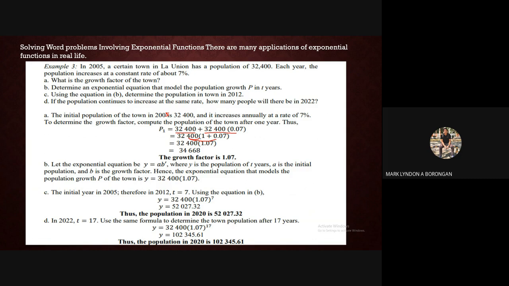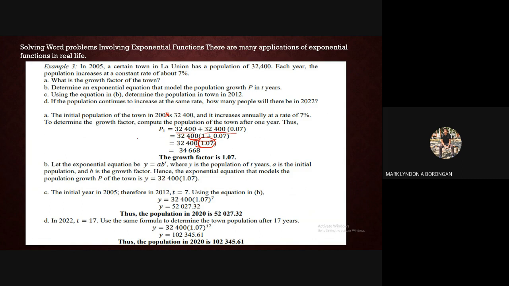So, na naman tayo 32,400 dari, ato na lang i-add ang 1 plus 0.07. So, pag-add na to, you'll now have 32,400 times 1.07. Okay. So, pag multiply na to, pag multiply nimo, you'll have 34,668. So, therefore, muna siya ato ang growth factor. Okay? So, check na tong A.